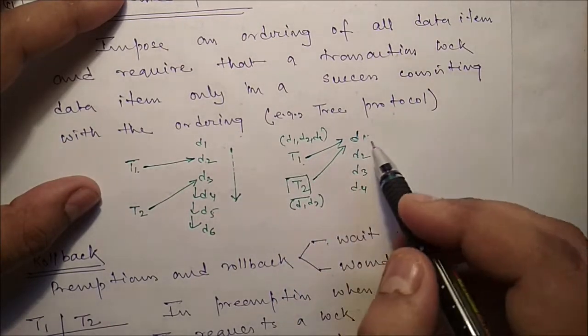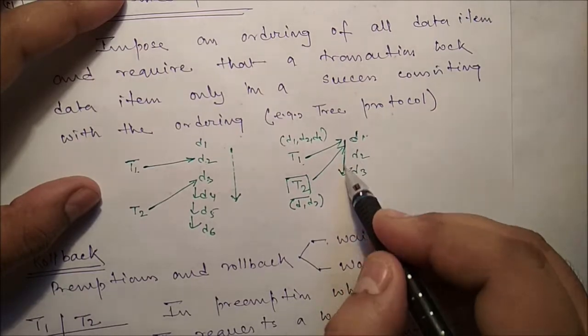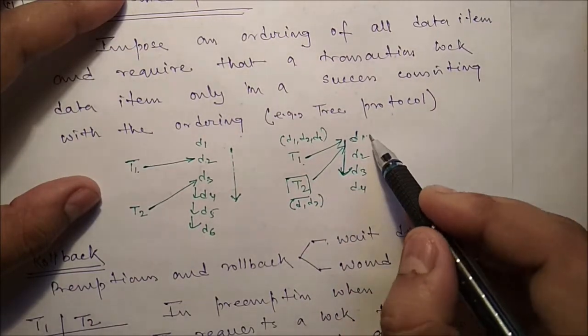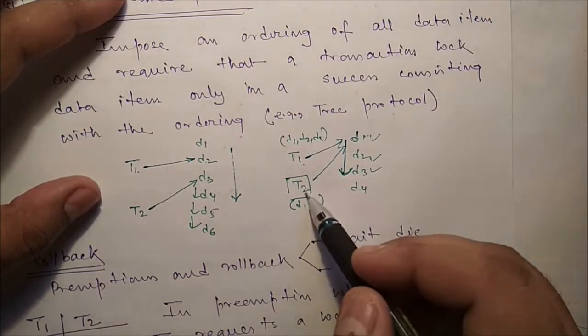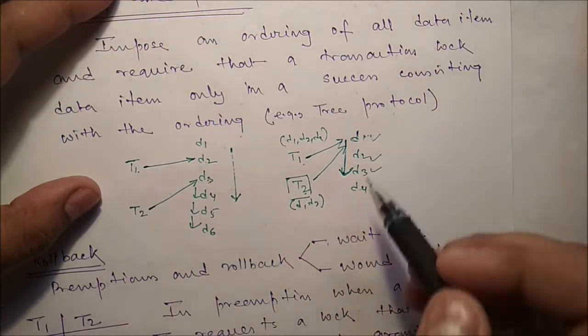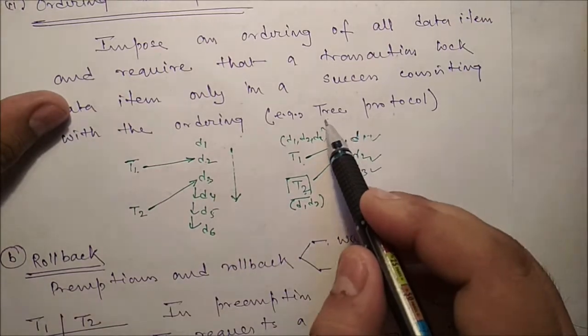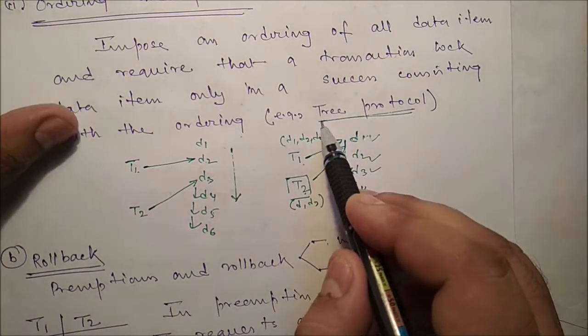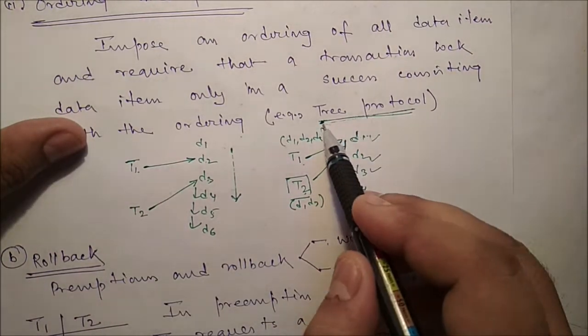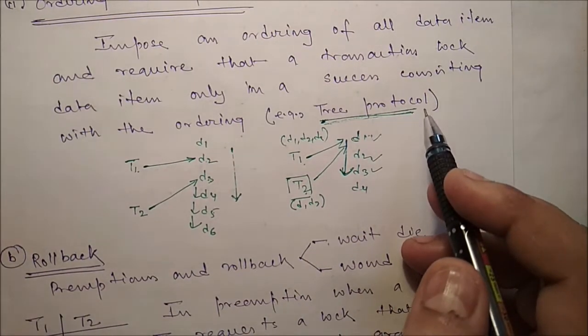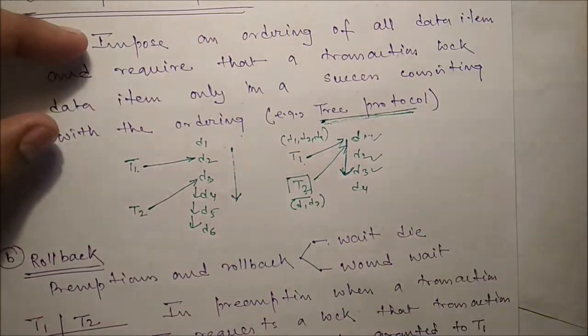So first T1 completes its execution, using all these variables. After that T2 will use the two variables D1 and D2. So this is called ordering based protocol, which we have seen in the tree protocol. You can see our video on this graph protocol, graph based ordering.